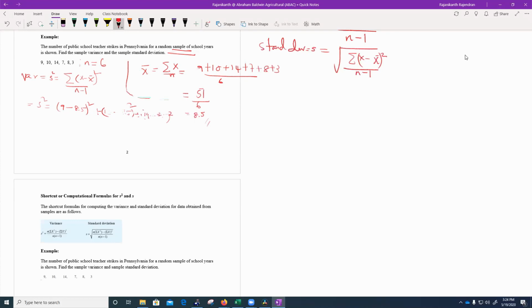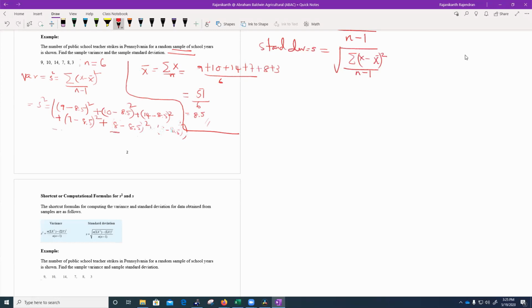I don't have space here, so I'm writing down plus the next one, 7 minus 8.5 squared, plus 8 minus 8.5 squared, plus 3 minus 8.5 squared. These are all my summation expression, the numerator of this fraction.